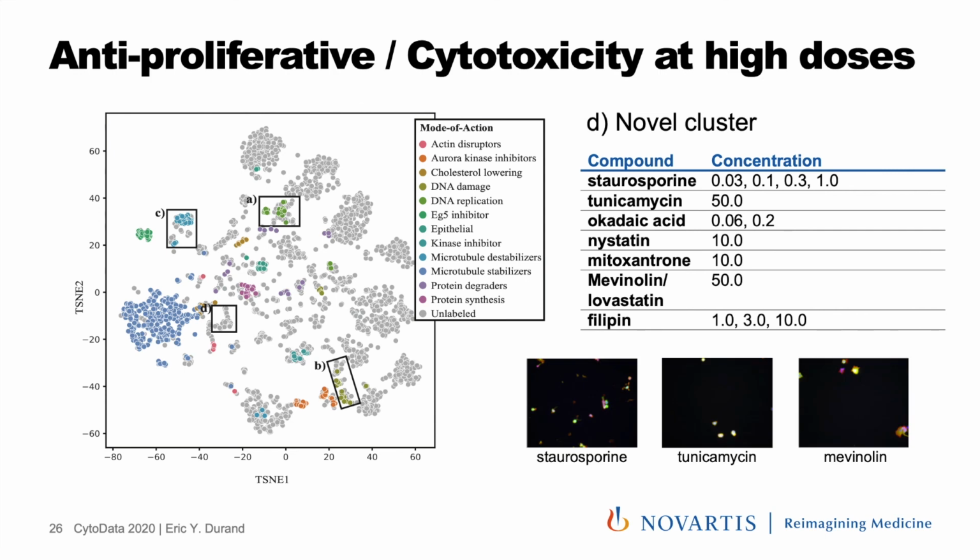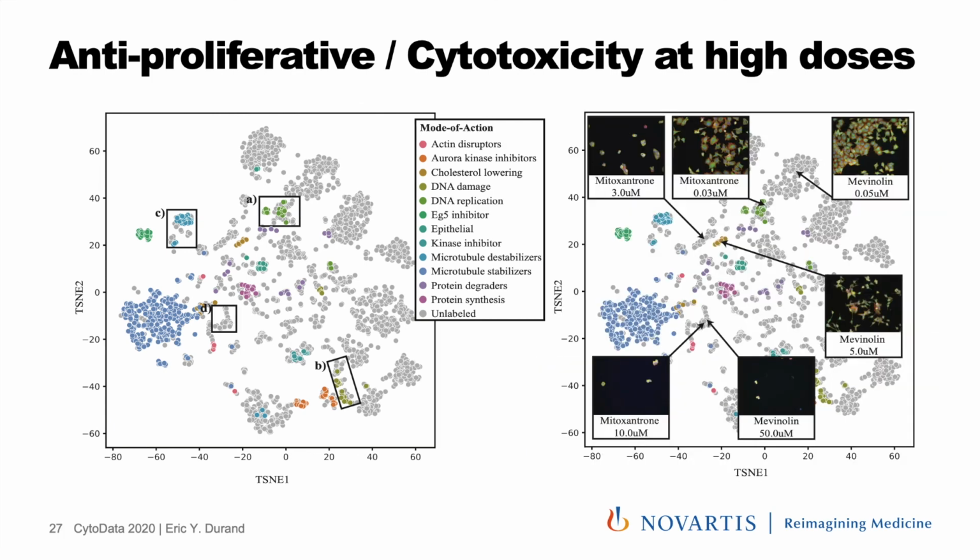But if you visually inspect the images, you notice that very few cells are left on those images. And so here what we're really capturing is the anti-proliferative or cytotoxic effect of these agents at high dose. You can notice also that high doses are found in this cluster.